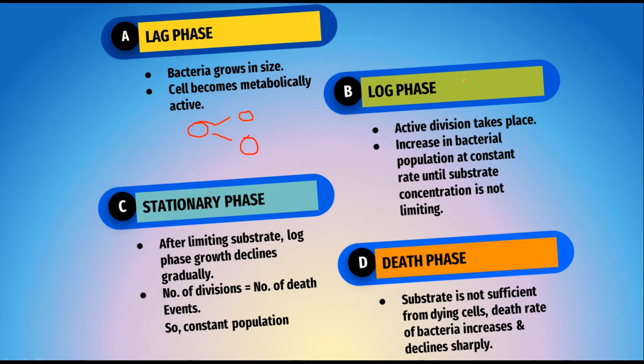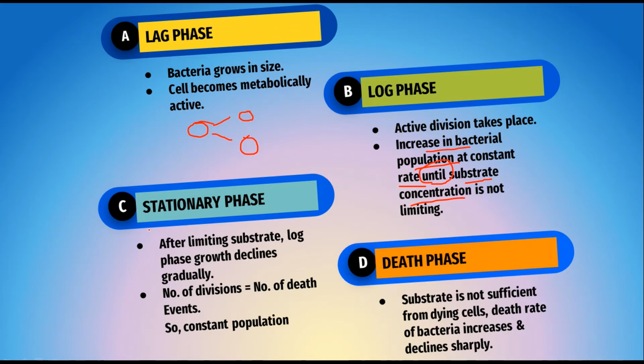Active division takes place here, with an increase in bacterial population at a constant rate until, remember this, until substrate concentration is not limiting. When the substrate decreases, the bacterial population will also decrease.